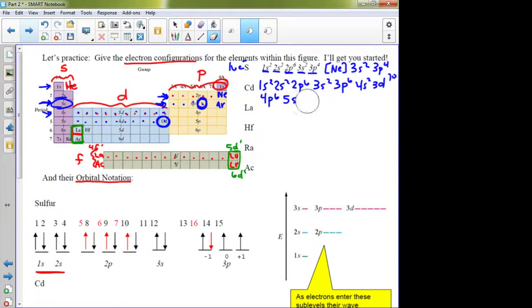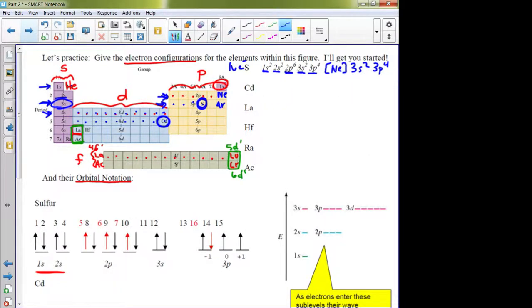You got this? All right, so let's say we were going to do this with the noble gas configuration. Okay, we look at cadmium and we say, okay, what's the noble gas that happens before cadmium? Krypton, right?